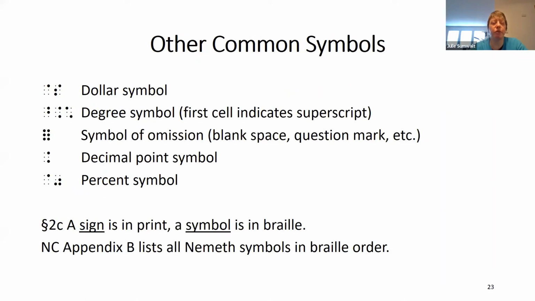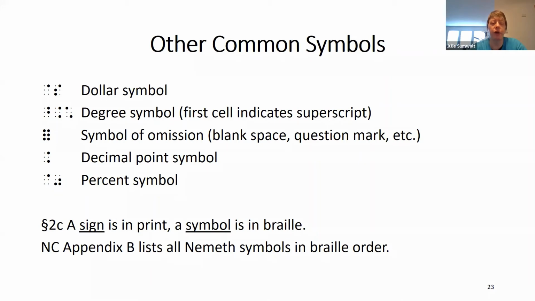Some other common symbols would be the dollar symbol, which is the same as UEB, but different rules. The degree symbol, here I have shown the first cell as the superscript indicator, which is always included with the degree symbol, but the degree symbol itself is dots 4, 6, 1, 6. And then I'm showing it along with the superscript indicator of dots 4, 5.